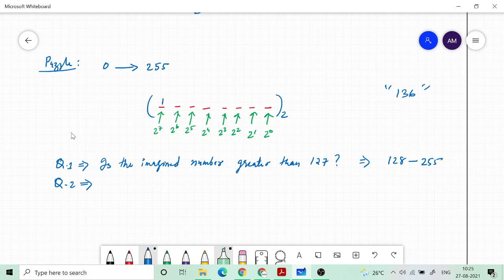Is that clear? When I get the answer 1, I know that the imagined number is somewhere between 128 and 255. So what should be my second question in order to get the digit corresponding to the place value 2 raised to 6?